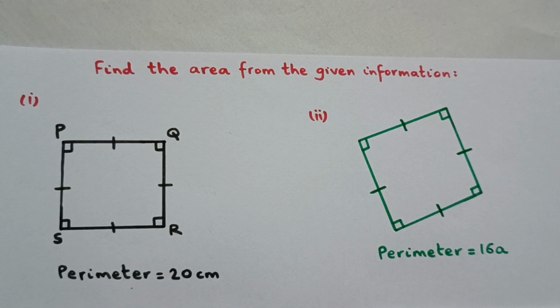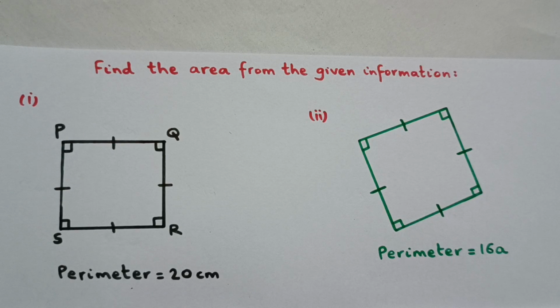First, let us determine what type of quadrilateral this is, and based on that we will apply the suitable formula to find the area of this quadrilateral.